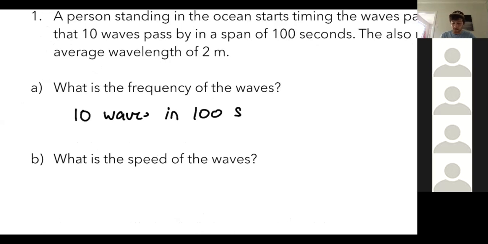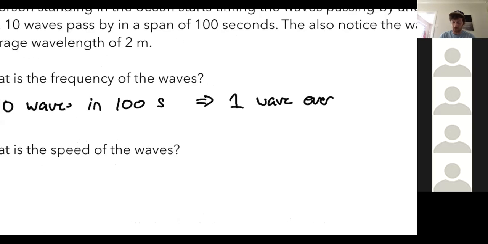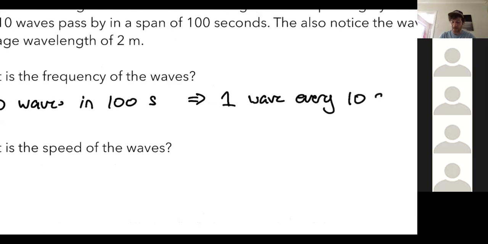But what that means is that there is one wave every 10 seconds, okay? One wave every 10 seconds.